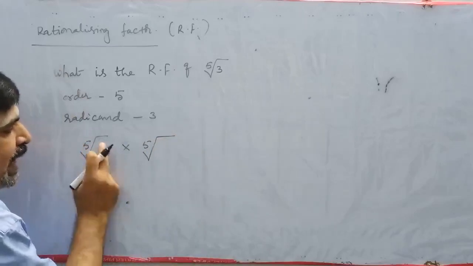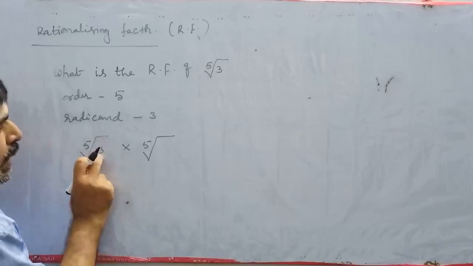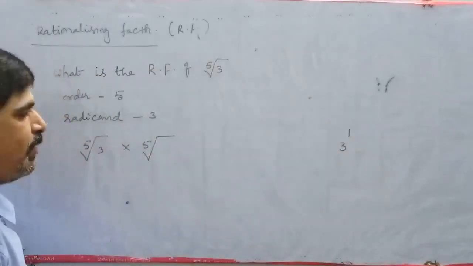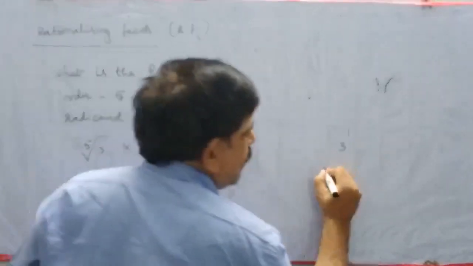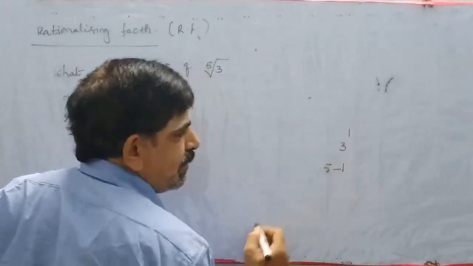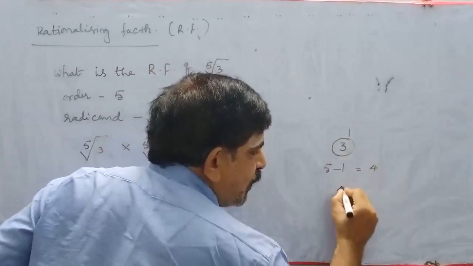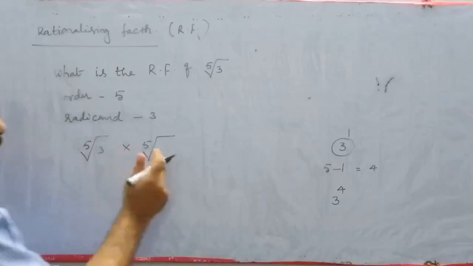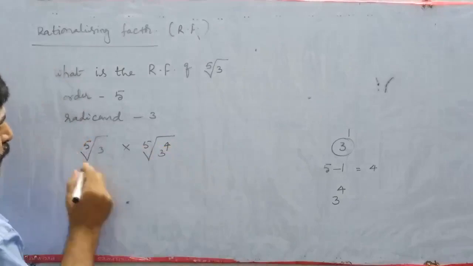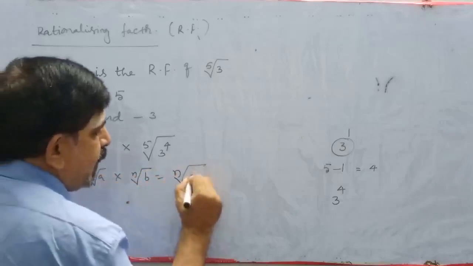We should write the given radicand in terms of prime factorization. Now here 3, its power is 1. What is the order? 5. Order minus power, so that is equal to 4. That means we have to take 3 power 4 with the same order. So that is fifth root of 3 to the power of 4. Nth root A into nth root B is equal to nth root of AB.